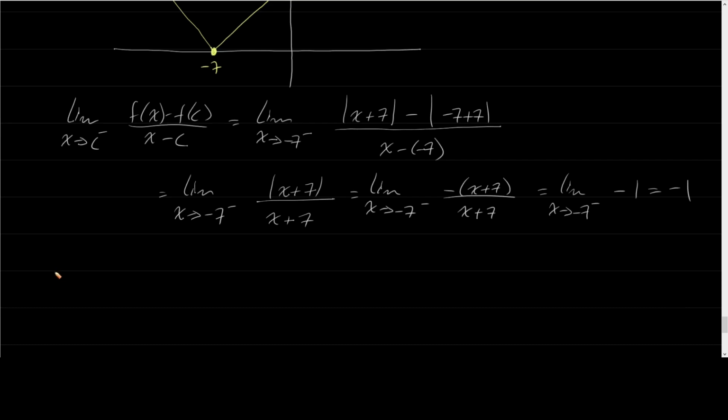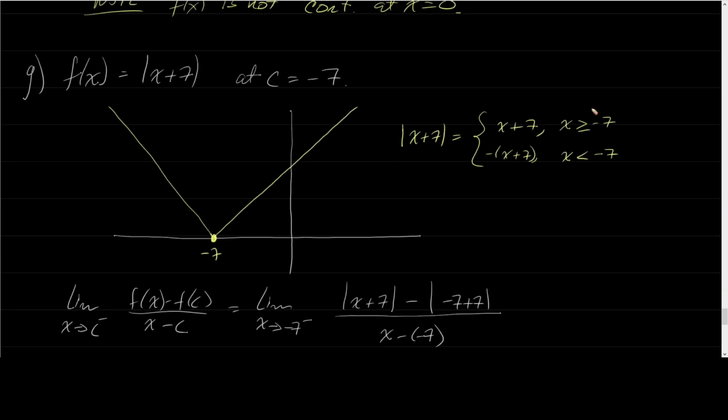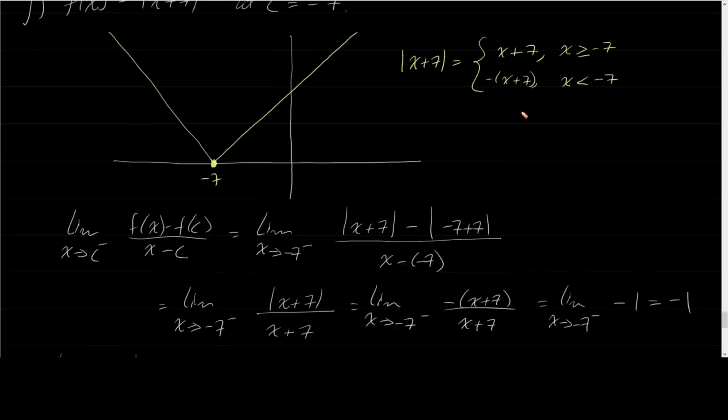But now from the right, it will be the limit as x approaches -7 from the right of the absolute value of x plus 7 over x plus 7. Everything else would have been the same prior to that. But now, since we're coming from the right, we're on the right of -7, so we use the definition up here, x plus 7.